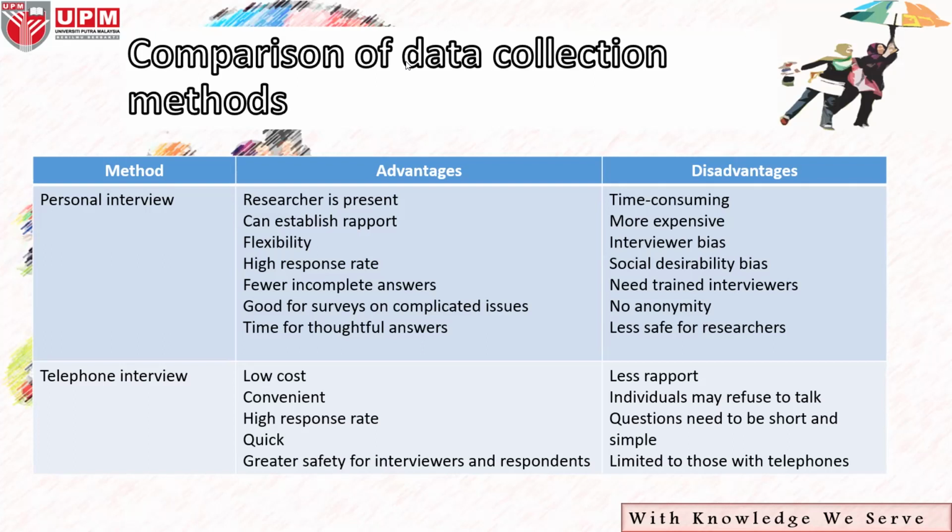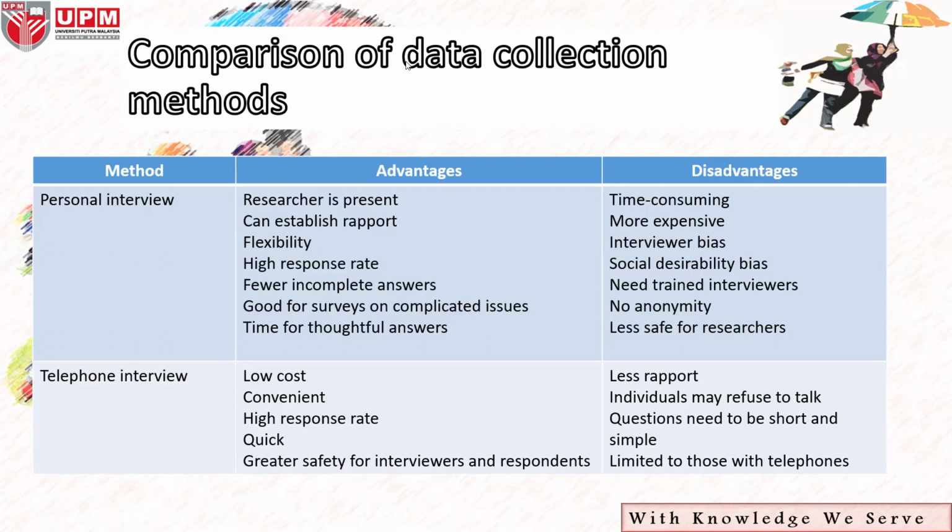That's why kalau kita tak biasa, susah sikit. We are unable to develop rapport, then kita tak boleh nak gali responden kita. Kita tak boleh nak dapatkan info tu. Okay, and then no anonymity because we exactly know our respondent. Less safe for researchers.